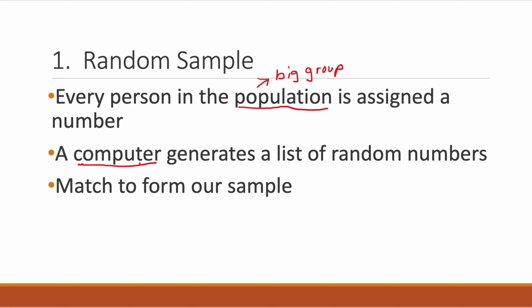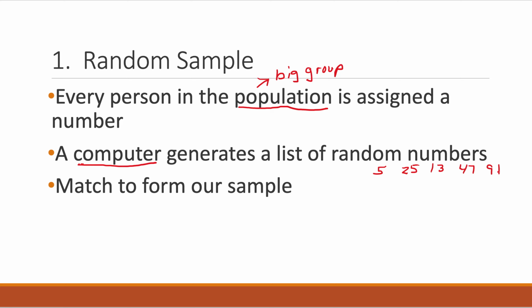So I might give everybody in my population a number, and then get the computer to generate a list of 5 random numbers, and maybe the computer shoots out the numbers, we'll keep them small, 5, 25, 13, 47, and 91. Then I would go back to my population and say, okay, who has these numbers? Who's number 5? Who's number 25? And those people would be a part of our sample.